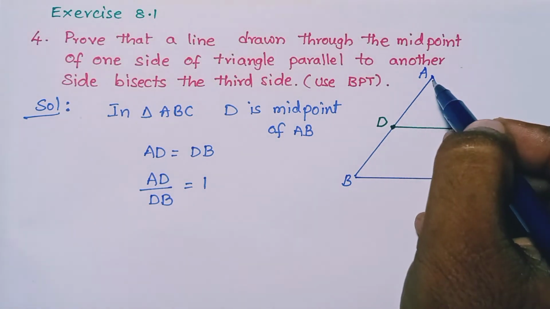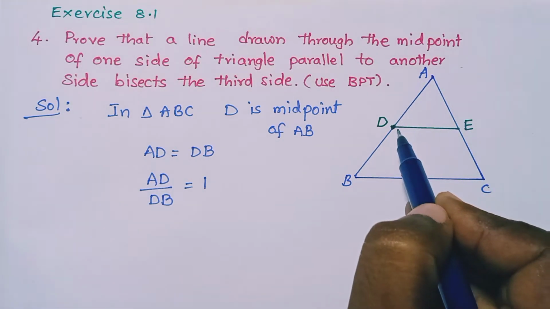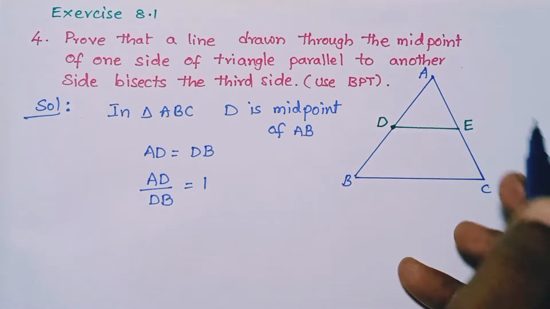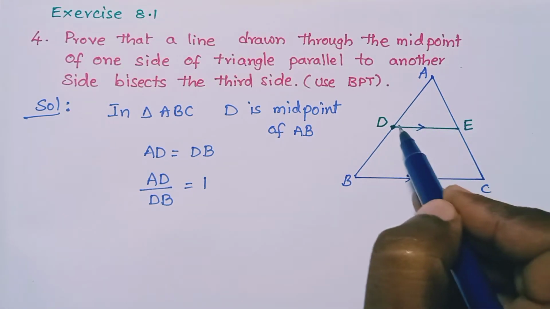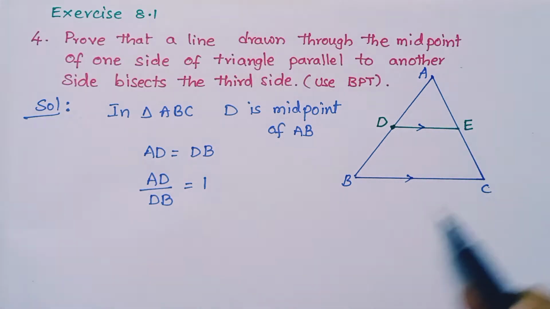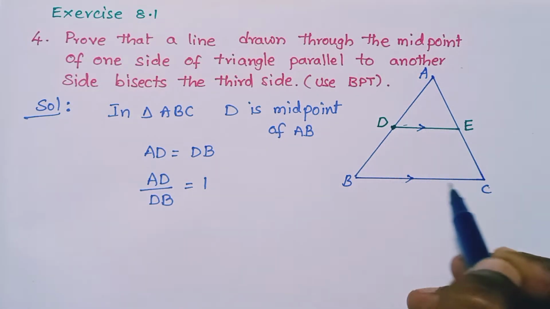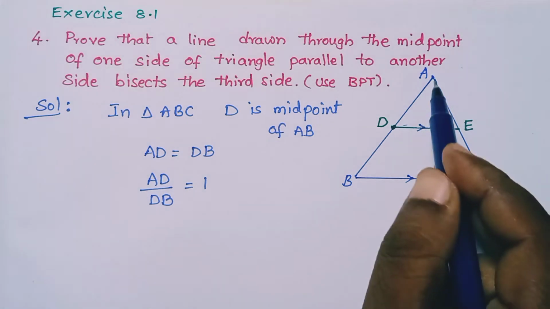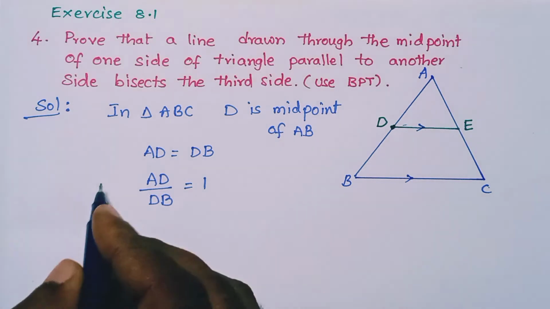Now, in the triangle ABC, DE is parallel to BC. That is given, no? This is a line drawn parallel to one side of the triangle, that is BC. So DE is parallel to BC, so that we can apply the basic proportionality theorem in the diagram.